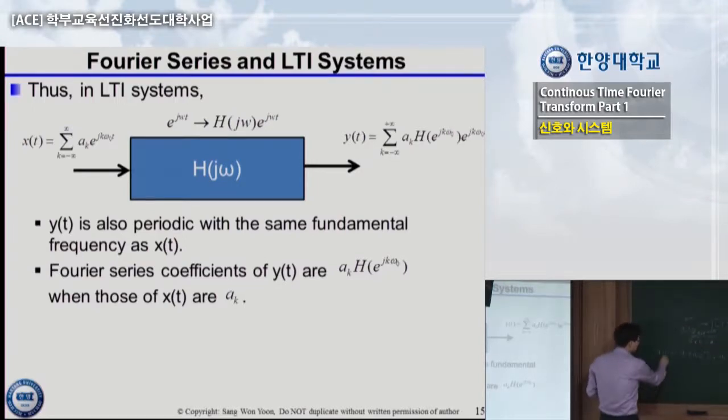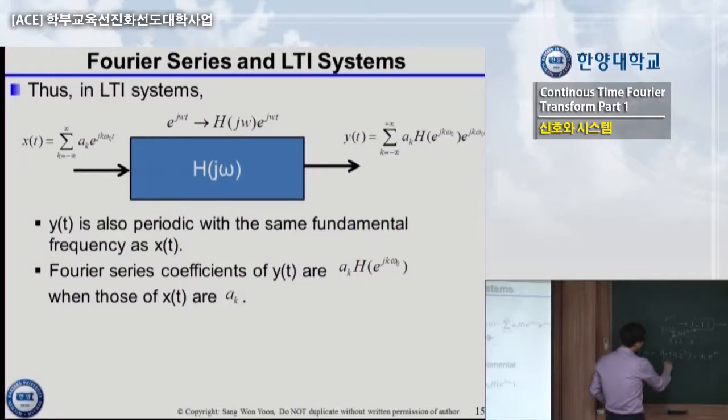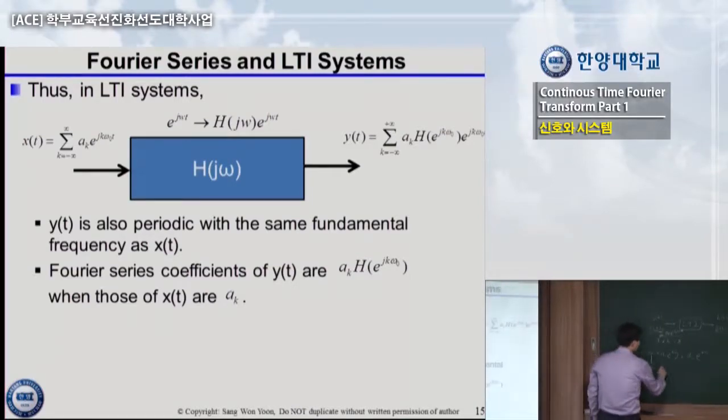Say this is the output of the system when we apply x. For the output when you apply a0, since this is a linear system, the frequency will not change. So this is DC, and some DC having a different amplitude will come out. This one also has the same frequency e to the j omega 0 t for k equals 1, but a different amplitude will come out.